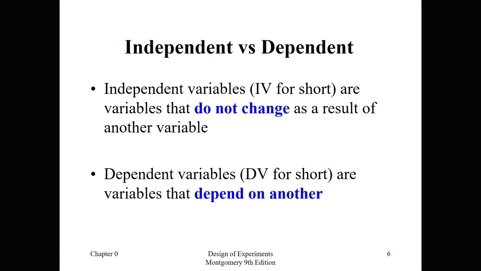And again, depending on the context in which it's used, you'll hear these different things. Sometimes people use different things for regression than they do for ANOVA. Sometimes economists use different things than behavioral psychologists. But all of these mean at least a similar thing in terms of the types of variables that they're talking about. And there's many more terms than those two. Those are just a couple of them.